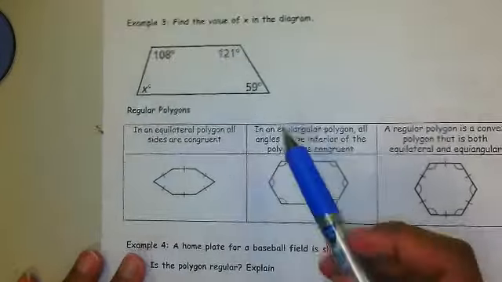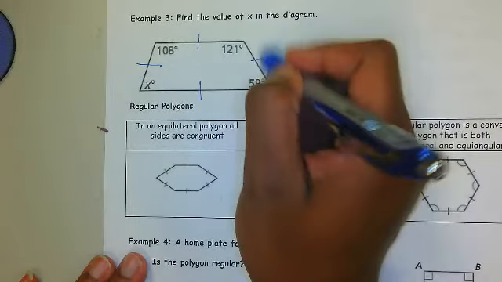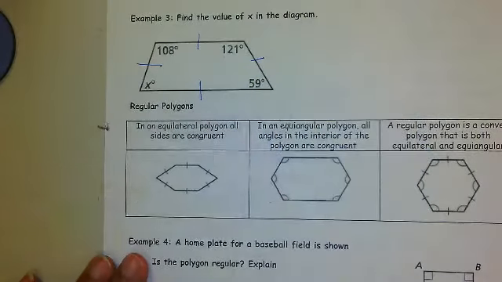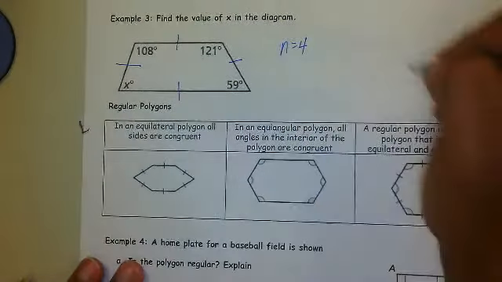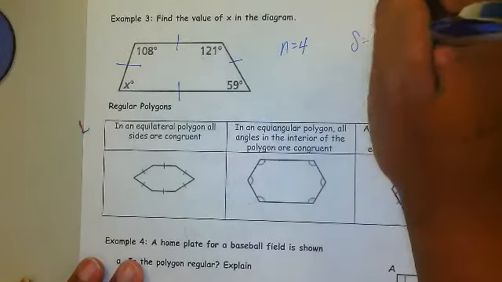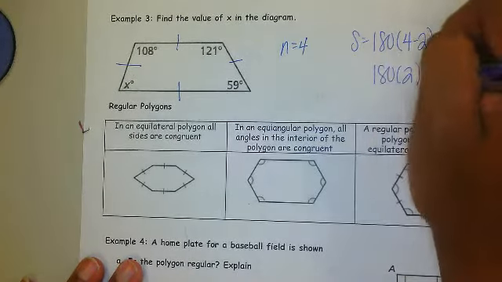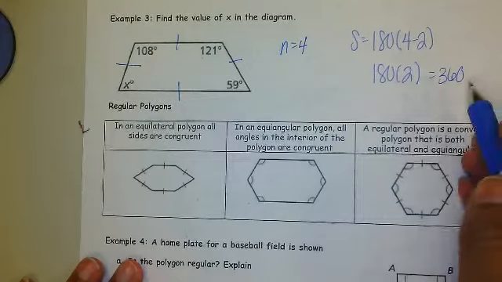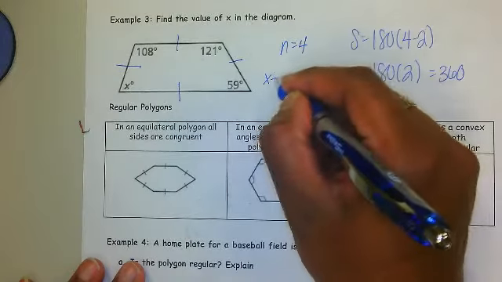I want to find the value of x in this diagram. This is a 4-sided figure, so in order to find x, I need to know what the sum of these angles is. If n is 4, I can use my sum formula: s equals 180 times 4 minus 2, 180 times 2, which is 360. So in a 4-sided figure, the sum is always 360.